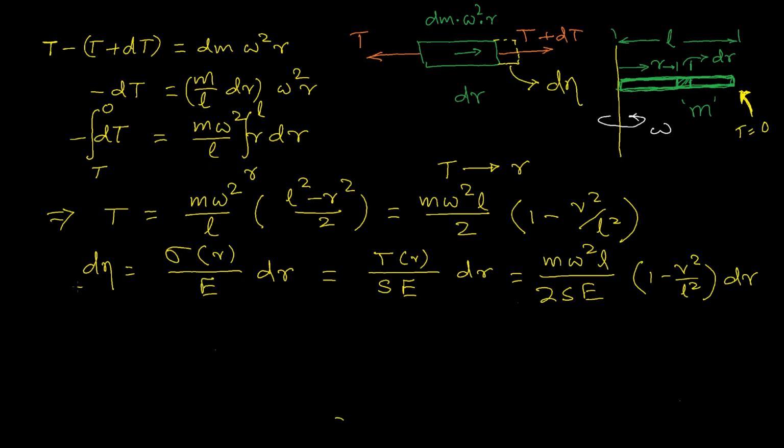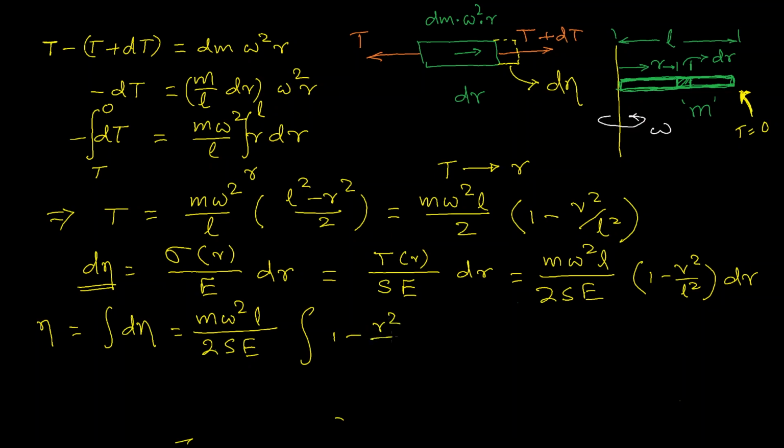Now if this is the small change in the elongation, we just have to integrate it to get the total elongation eta, the integral of d eta. I'll take all the constant terms out, m omega square L over 2 times S times E, and the integral of 1 minus r square over L square dr from 0 to L, because we are talking about the total elongation.